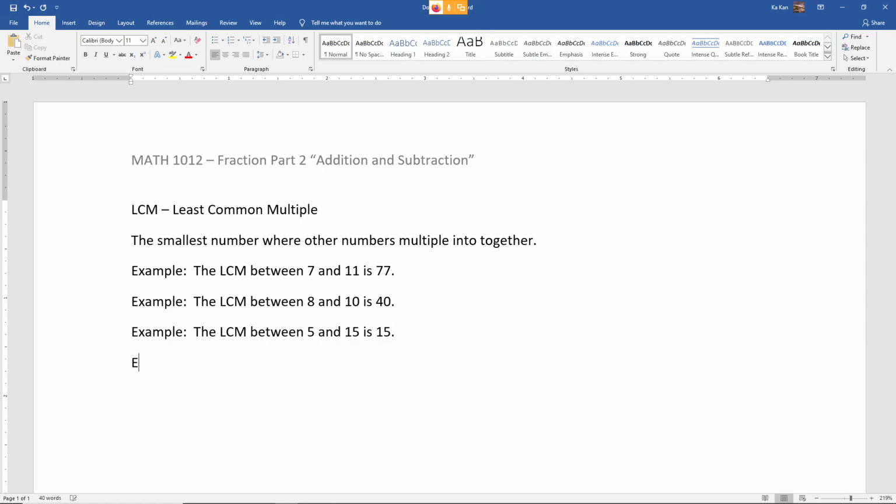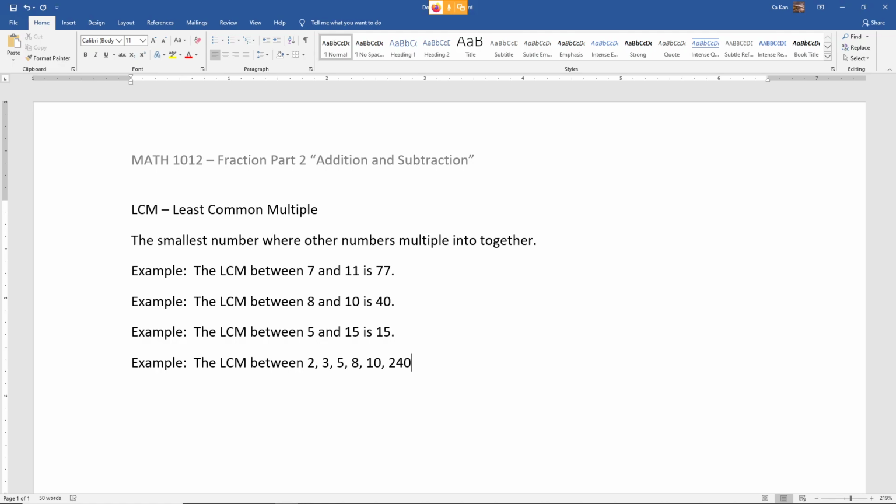So here's another example. The LCM between, say, 2, 3, 5, 8, 10, and let's say 240. Then you're like, wait a minute, that's a lot of numbers.